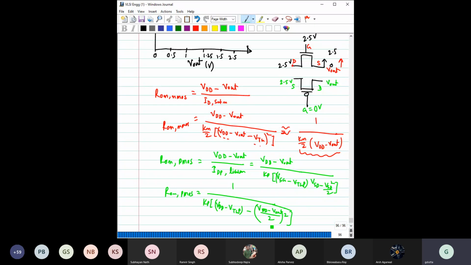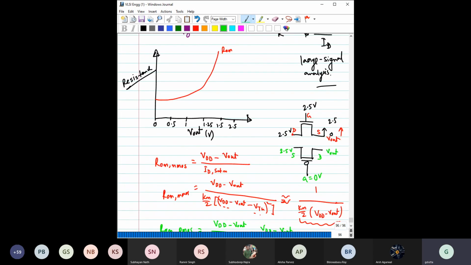If you increase this V out, this R on P will actually fall down, right? Please try to get this nature, whether you are getting this nature or not, that is most important. So you will get a nature like this.